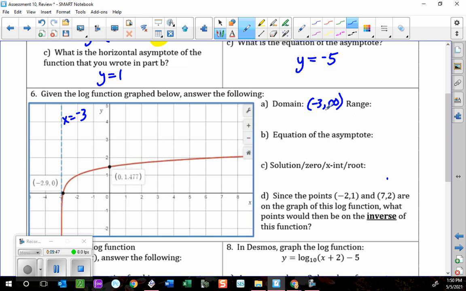The range is everywhere. It goes down forever. As this goes right, it goes up forever. So the range is -infinity to infinity. And remember, logs and exponents are inverses of each other. And so that's why we get this switch off. With exponential functions, you can plug in anything you want, but your range is restricted, right?